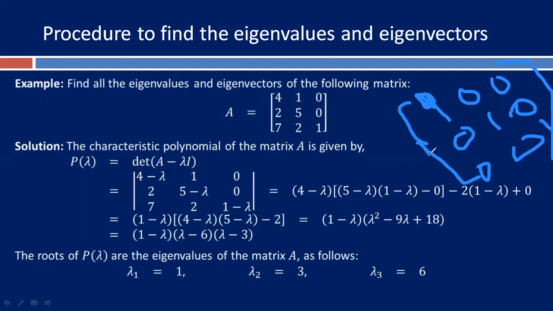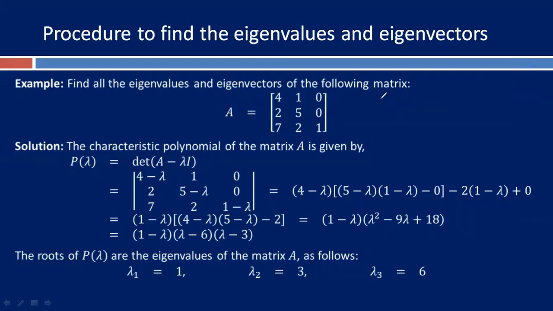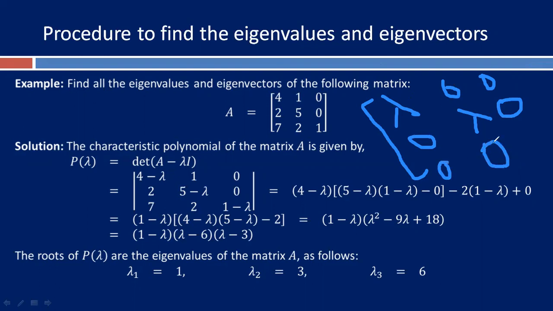Okay, so we multiply lambda with this. Then here we have lambda, here we have lambda, and here we have lambda. If I write it in a clear form, here lambda, here 0, here 0, here 0, here lambda, here 0, 0, 0, and this is lambda.